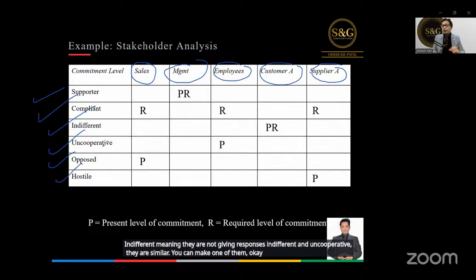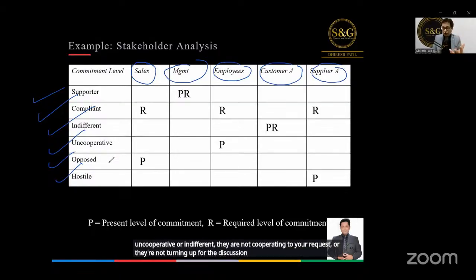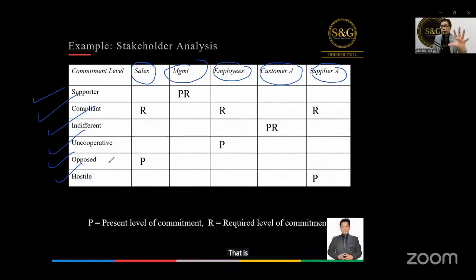They are not cooperating with your request, not turning up for the discussion or the brainstorming, and not giving you data. That is how they are not supporting the project. Some people are opposing the project, and some are even hostile, meaning aggressively opposing it. So these are various levels of people's engagement.